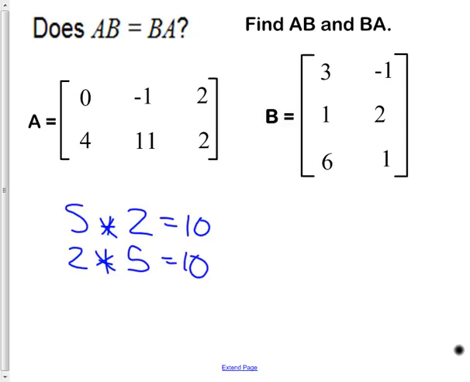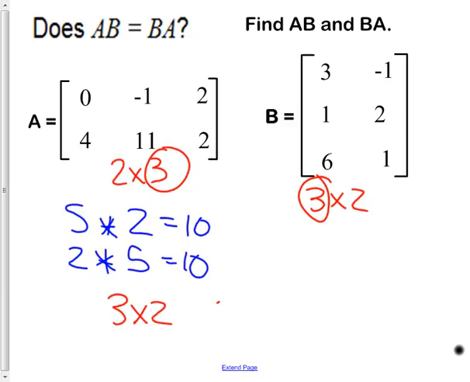So here is an example of 2 matrices, and the question is, does AB equal BA? So here's A times B, and this is a 2 by 3. This is a 3 by 2. So if you do A times B, it works out. Now if we did B times A, it still works out.